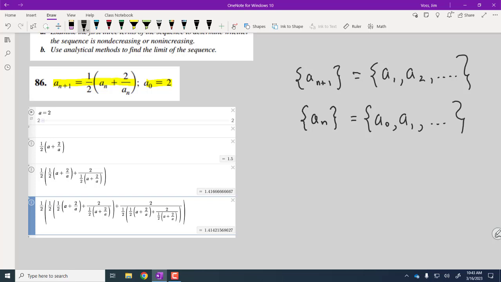So what we're going to do is this crazy thing. We are going to take the limit of both sides of this equation. We're going to take the limit of the left side as n goes to infinity, and we're going to take the limit of the right side as n goes to infinity. So we're taking the limit of the entire equation.